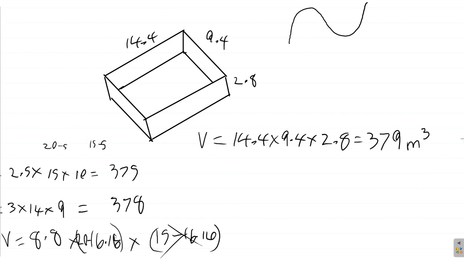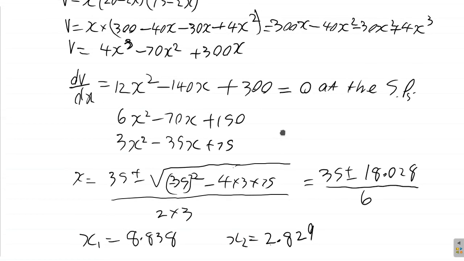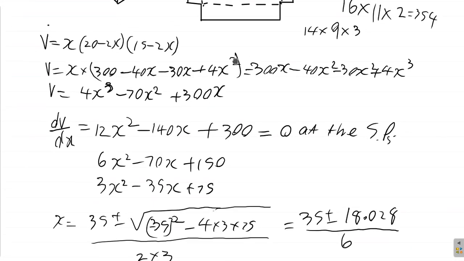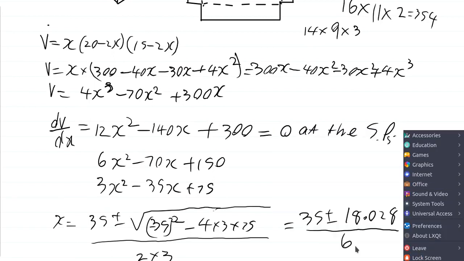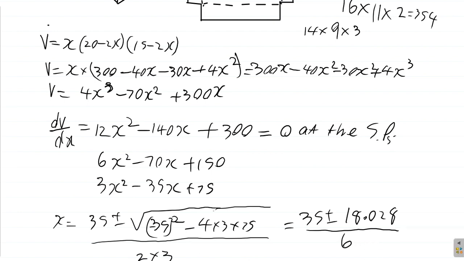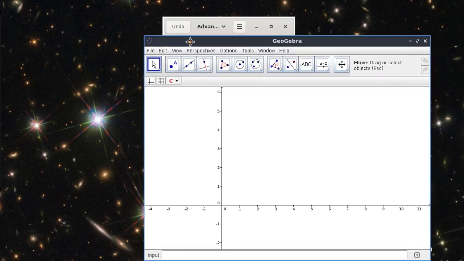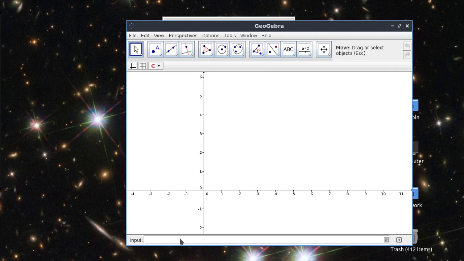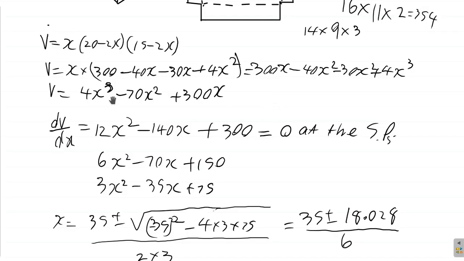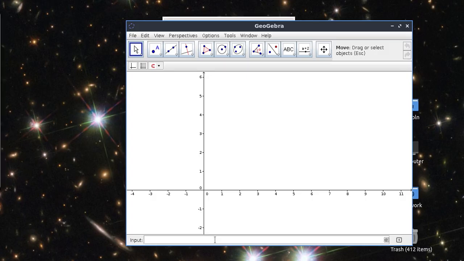All right. Let's look at the graph. I wanted to look at the graph using GeoGebra. So we had 4x cubed minus 70x squared. Where's GeoGebra again? Let me open it. All right. GeoGebra. So we have, what was it again? 4x cubed minus 70x squared.